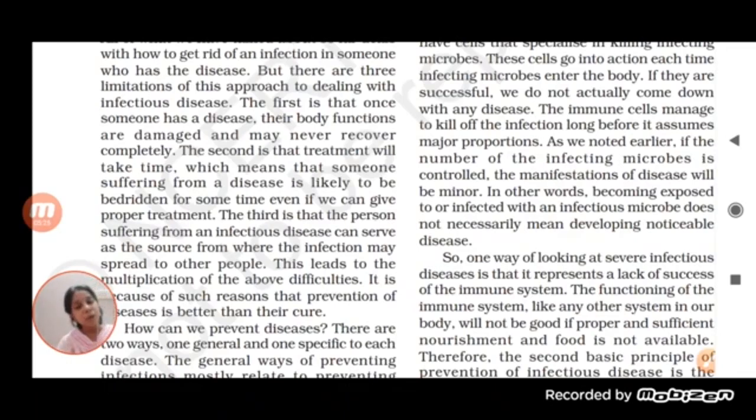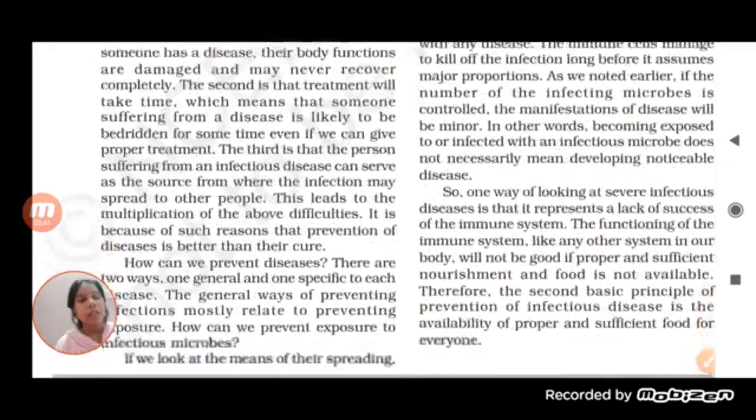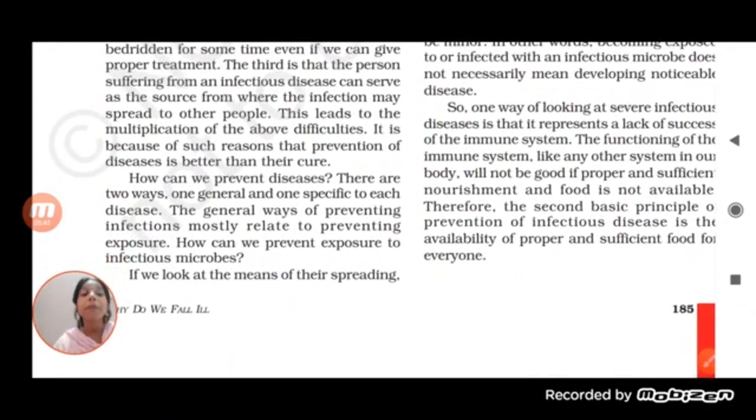So it is because of these shortcomings, these limitations only, that it is really important that we must take precautions. And it is also said that precaution is much better than cure. Okay, so precaution. Now see here, how can we prevent diseases?